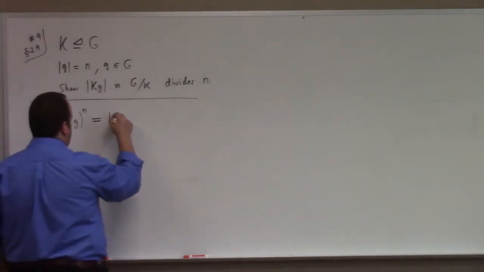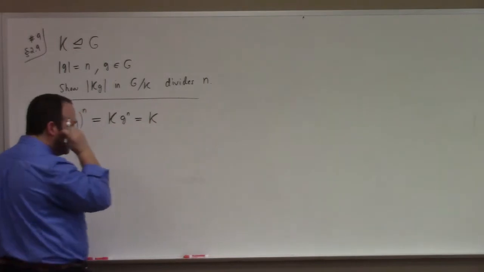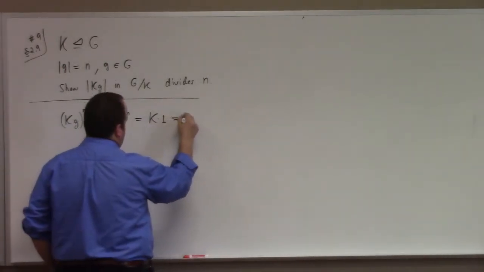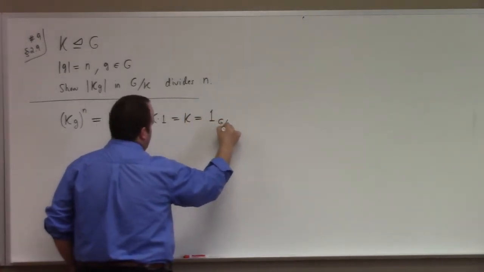Right, it's kg to the n, which is K times 1, which is K, like you said, which is the 1 in the factor group, right?